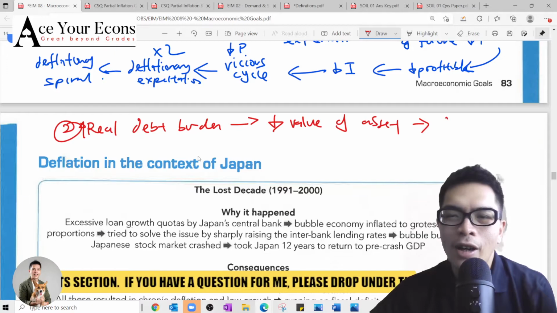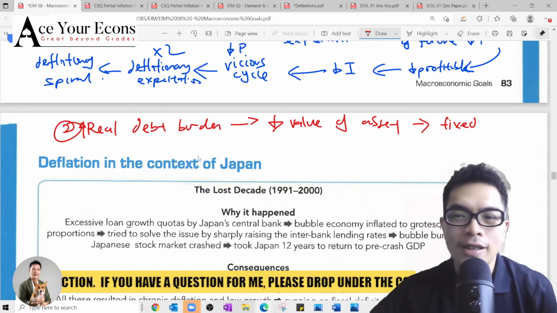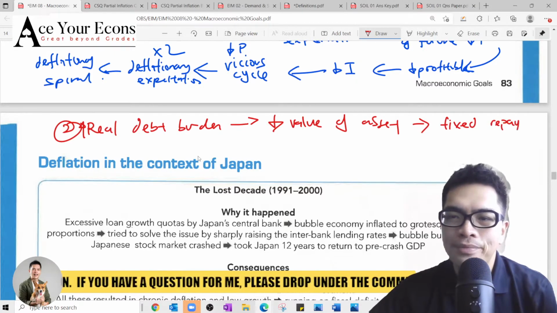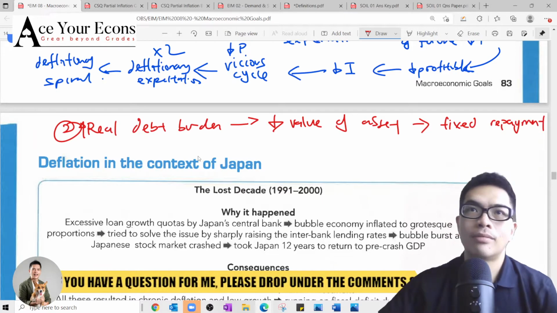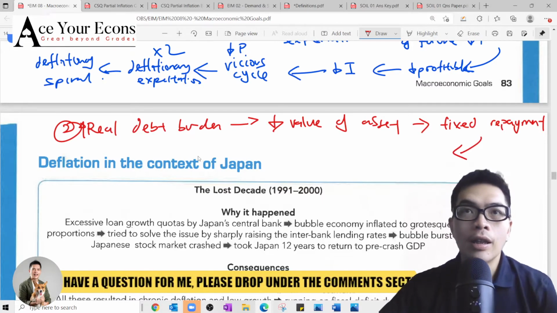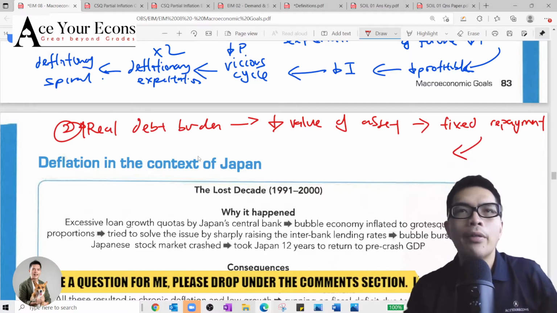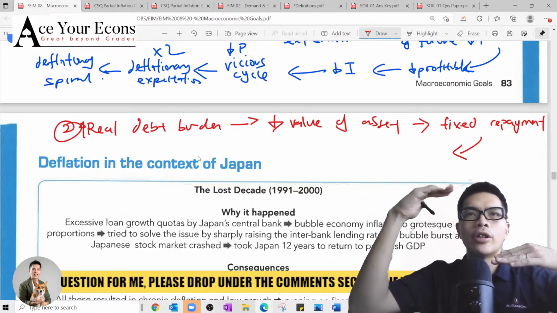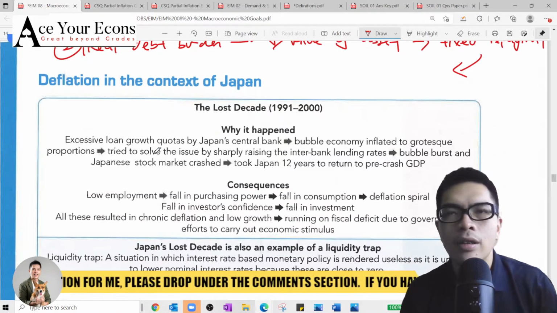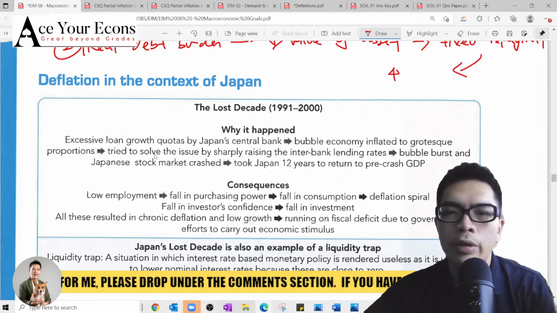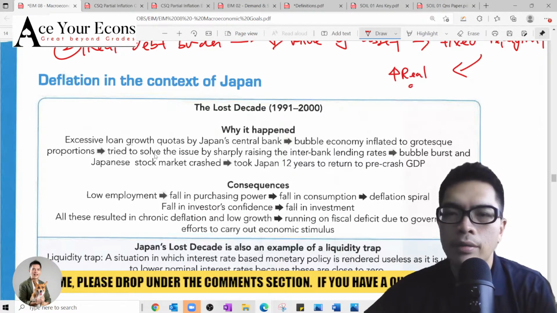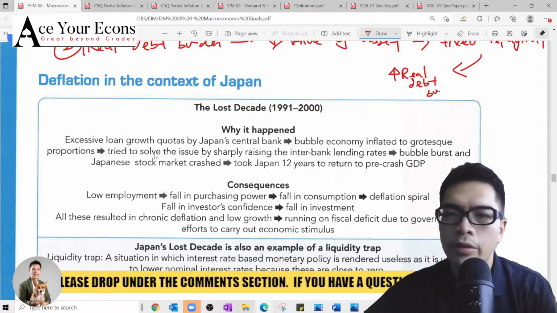So you're still going to incur a fixed repayment every month to the bank. In essence, when your asset value goes down and you're incurring the same level of debt, you are going to increase in your real debt burden. Agreed?